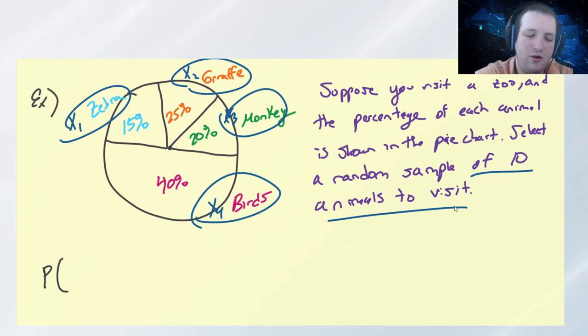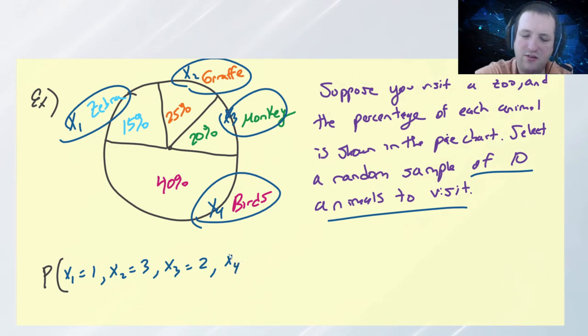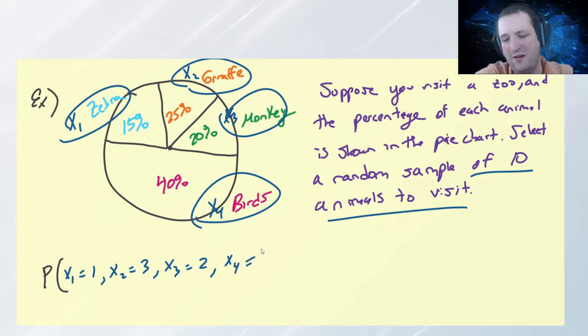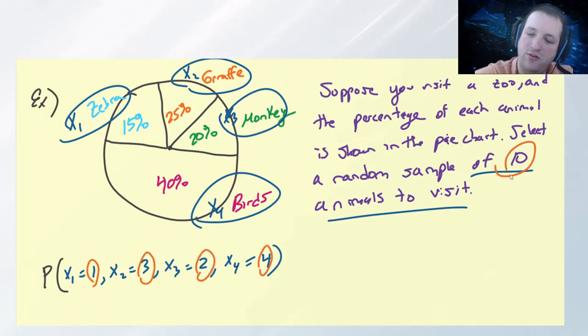So I want to know the probability that x1 is equal to 1, x2 is equal to 3, x3 is equal to 2. If I give you these three numbers, you should be able to figure out this next value. We have 1 plus 3 is 4, plus 2 is 6. That means this must be equal to 4, right? So remember that these numbers must sum up to your sample size of 10.